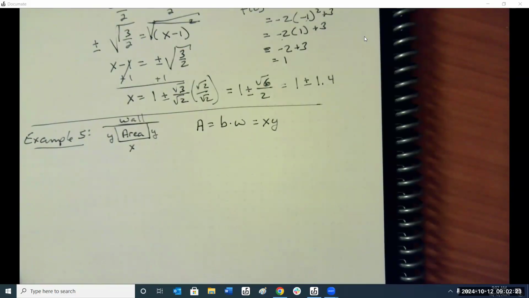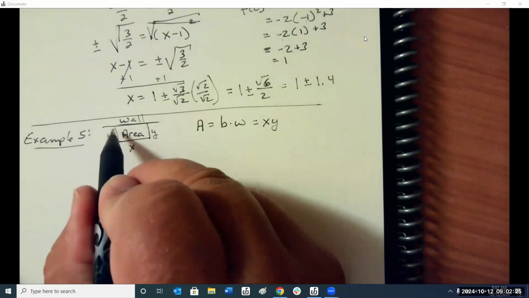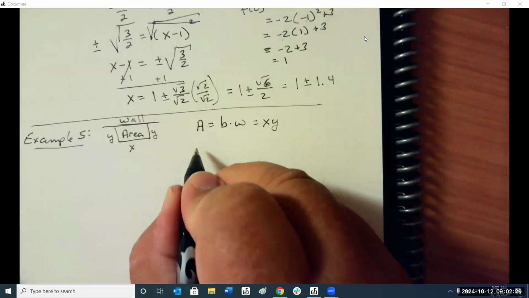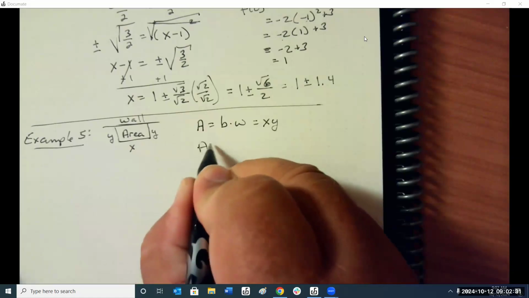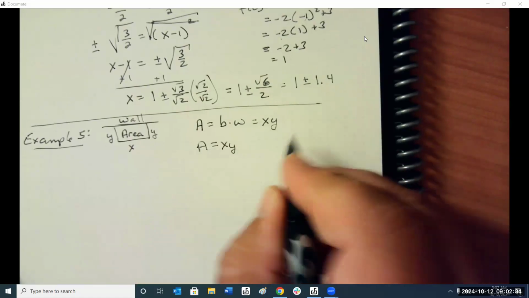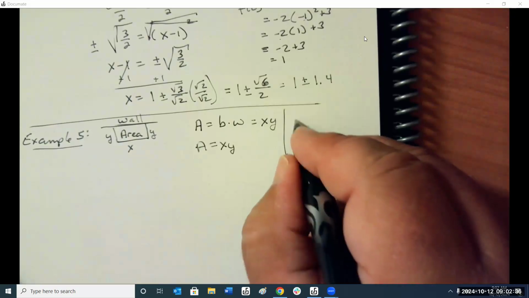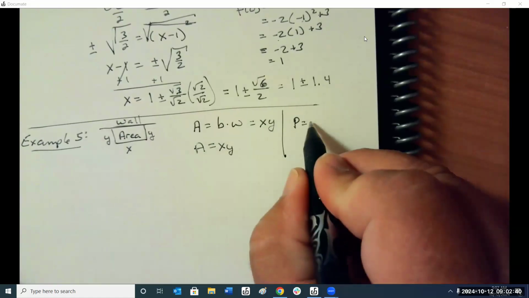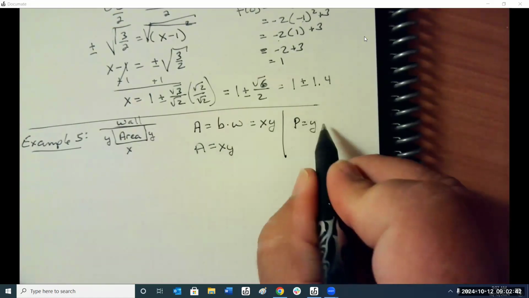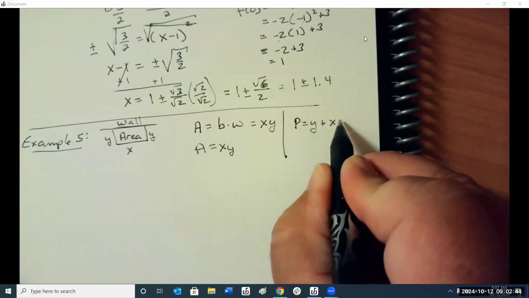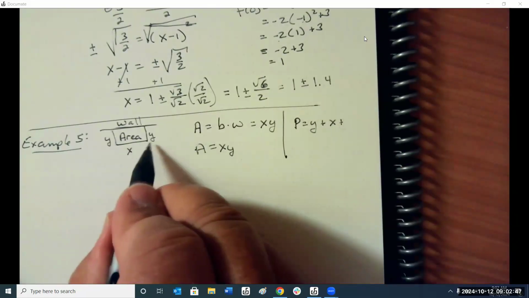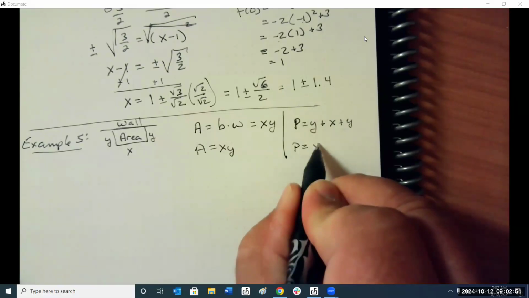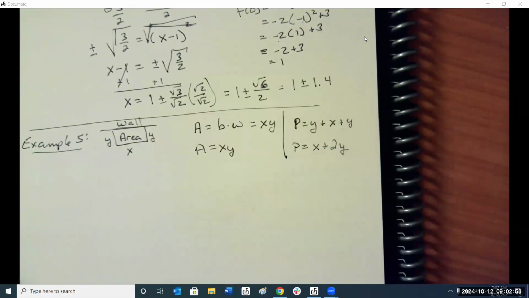Why is that important? Because I only have enough stone, and what that gives me is the perimeter. So we know the area formula is x times y, and the perimeter is y plus x plus y, which is x plus 2y.